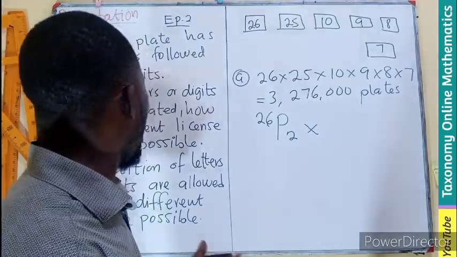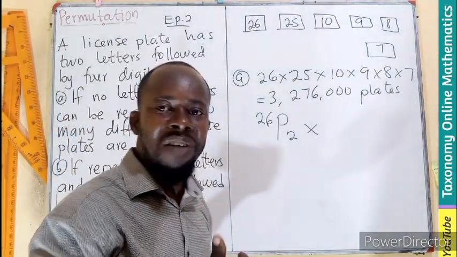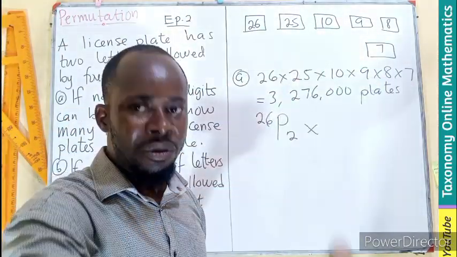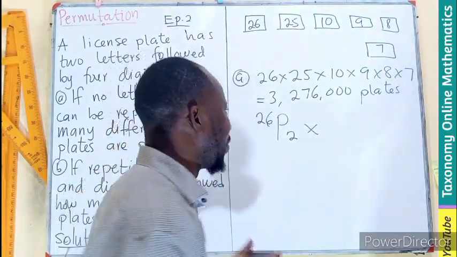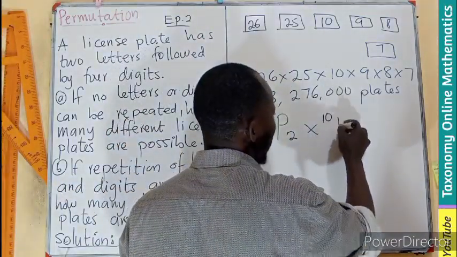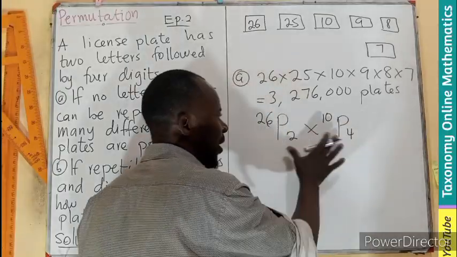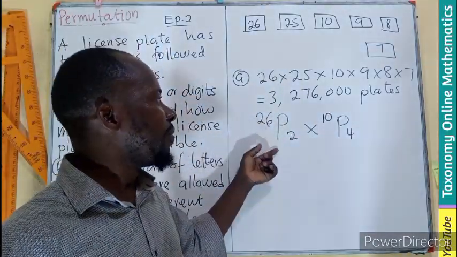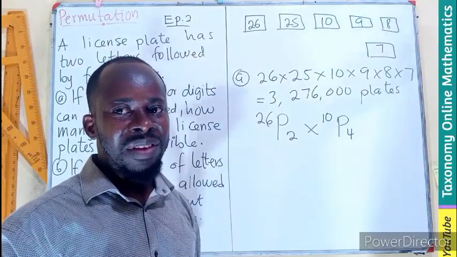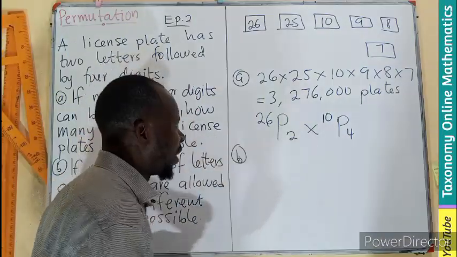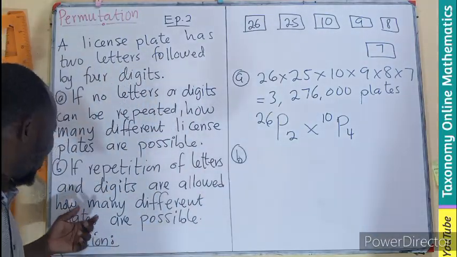Then in the sense of the digits, we are having 10 different digits to pick from. Then we are picking only what? 4 at a time. So I have 10 combination 4. And this will also give rise to a total of 3,276,000.